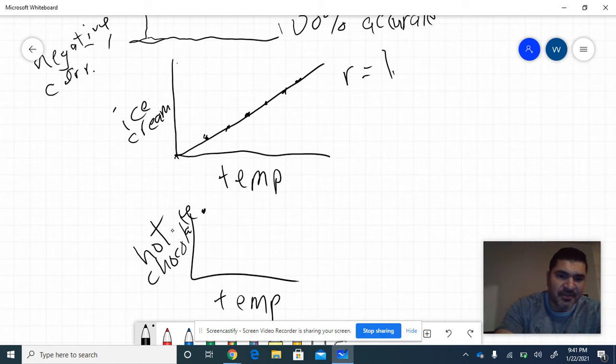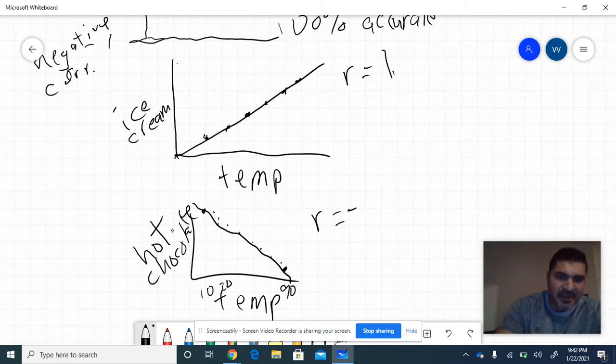As the temperature is going upwards, so for example, if this was 10 degrees, 20 degrees, over here I'm going to say 90 degrees, when it's 90 degrees, not very many people are going to buy hot chocolate. So when it's 10 degrees, lots of people, or more people anyways, will buy hot chocolate. And as the temperature gets warmer, less people will buy hot chocolate. And this would be a negative correlation.